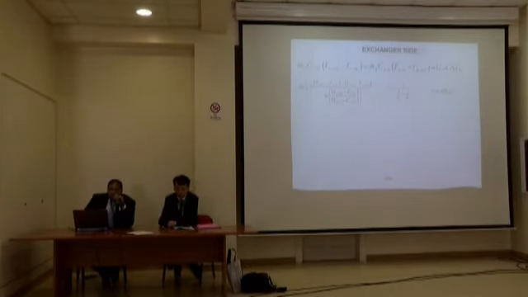Here I present the algorithm briefly. Of course, we have a part where we have the input. We will collect the different input parameters of the heat exchanger, of the fluids, and of the HVAC system.